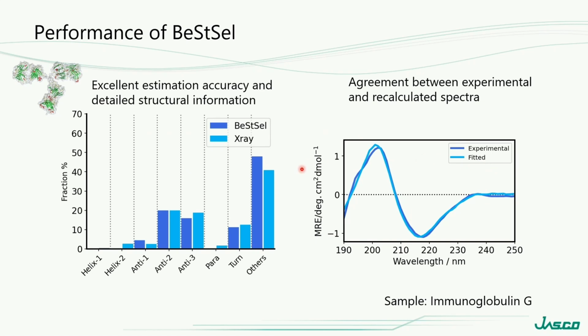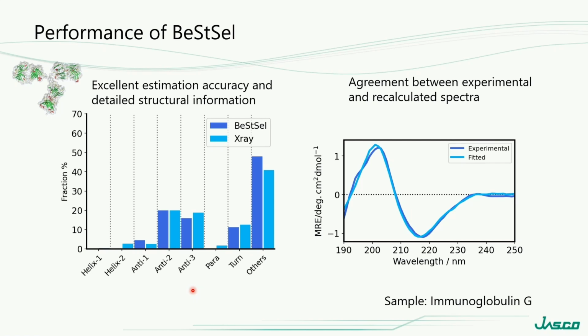BeStSel provides a detailed and accurate secondary structure fraction, not only for beta-sheet-rich protein, but also for a wide range of proteins. In addition, experimental spectra and recalculated spectra show great agreement. Of course, the sum of the fractions of the divided beta strands means the fraction of the normal, conventional beta strand.